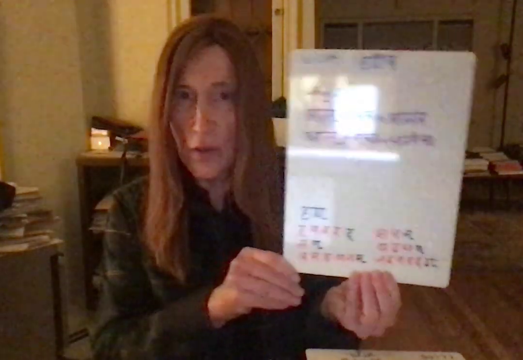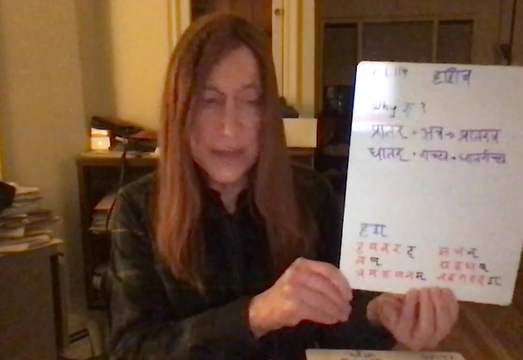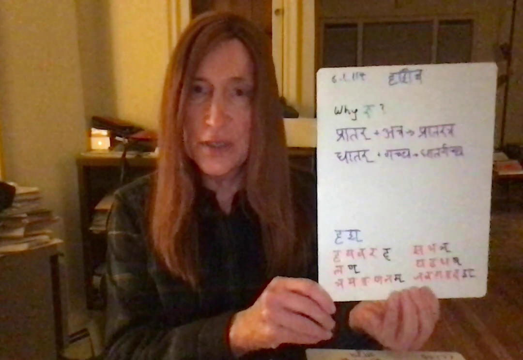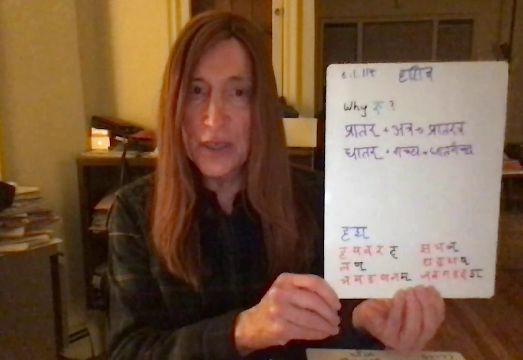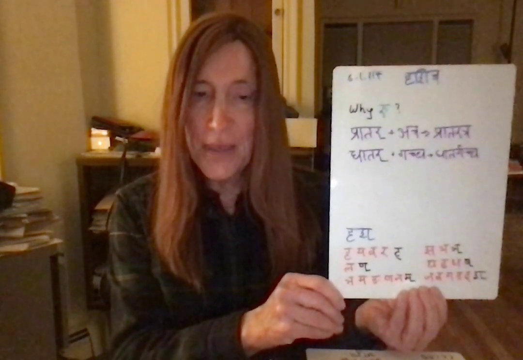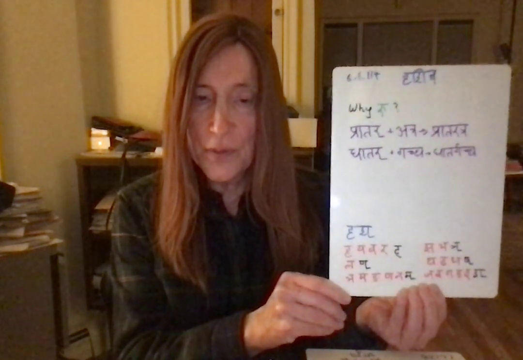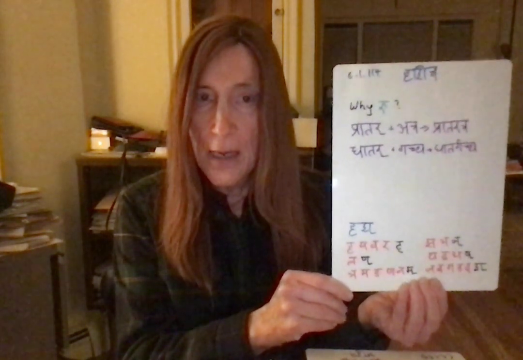Now we might ask, why does this have to be ru instead of just an ordinary r? And the reason is that there are other situations that are similar but different, because the final preceding either the vowel or the hush is not ru.